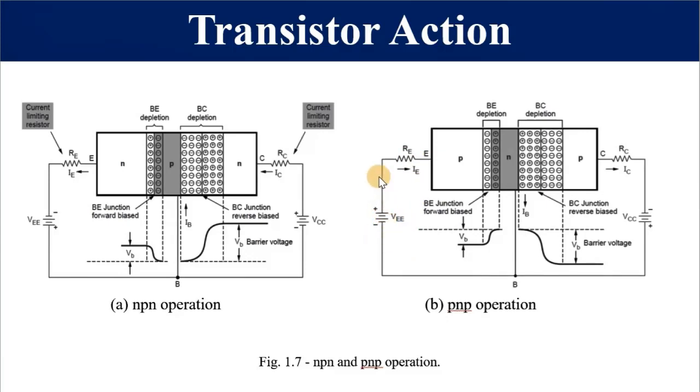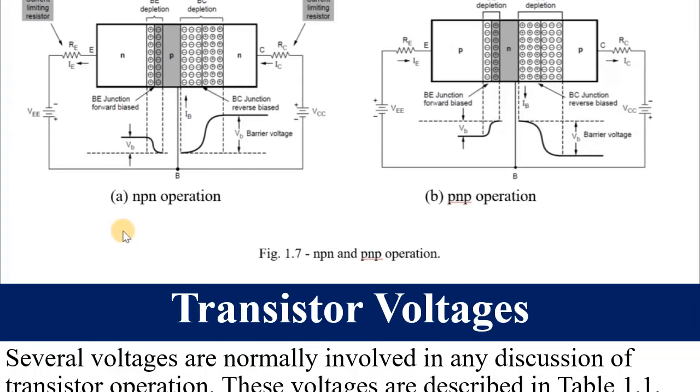In this case, it's now getting into the emitter from VEE, as well as the base current and the collector current are flowing out of the transistor. Hence, IE is equal to IB plus IC. Please take note of the polarity of the supply voltages, VCC and VEE, for PNP as well as for NPN.